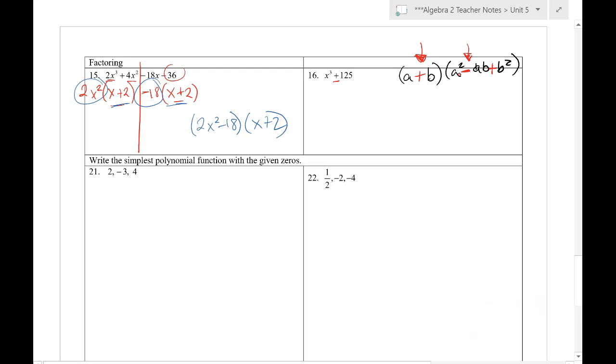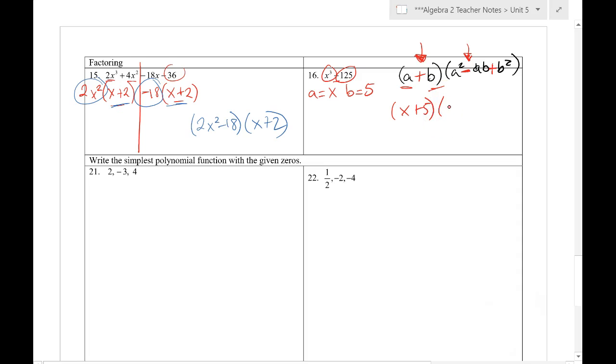Now what we need to do is find those bases, the base a and base b. So you say to yourself, what do I have to multiply 3 times to make it equal x cubed? x. And then what do I multiply 3 times to equal 125? Well, 5. And now you just plug in those numbers. So now a plus b is x plus 5.